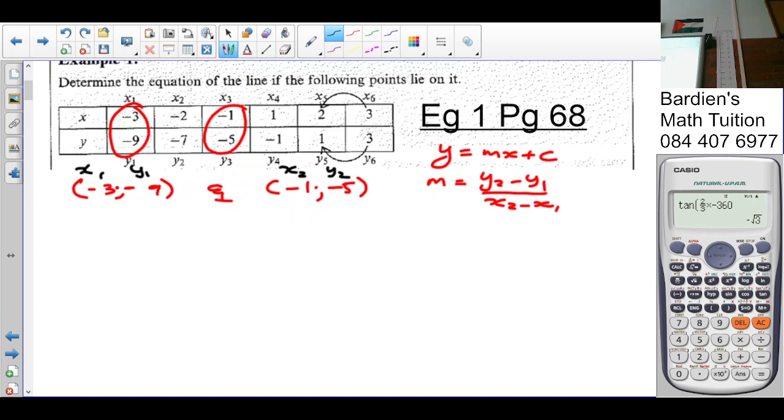Do you understand? So we write down our formula first. The formula is y2 minus y1 over x2 minus x1. Do the substitution into this formula quickly.